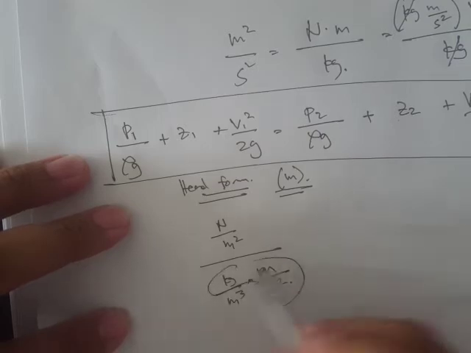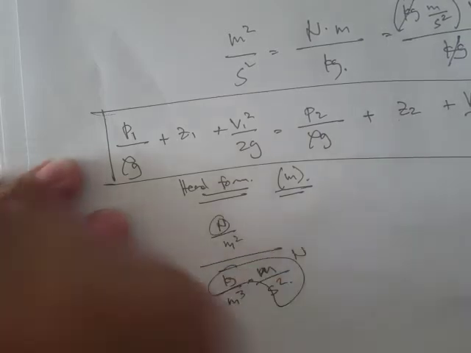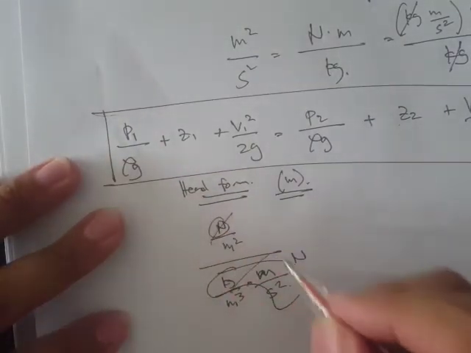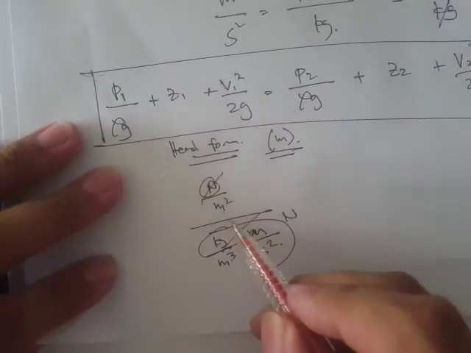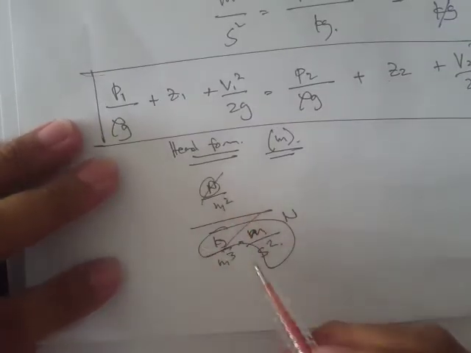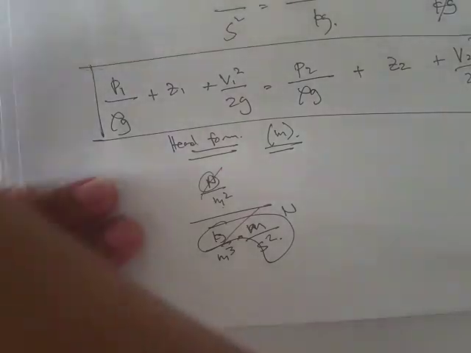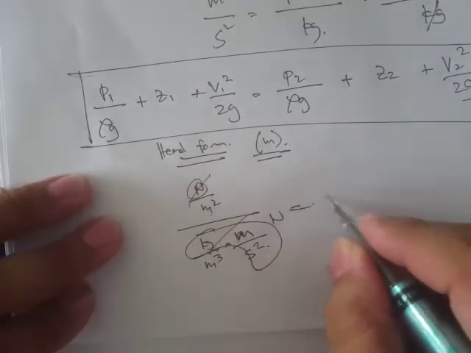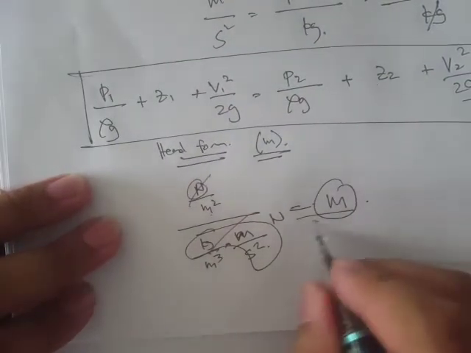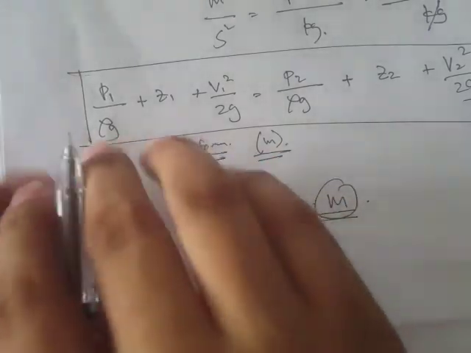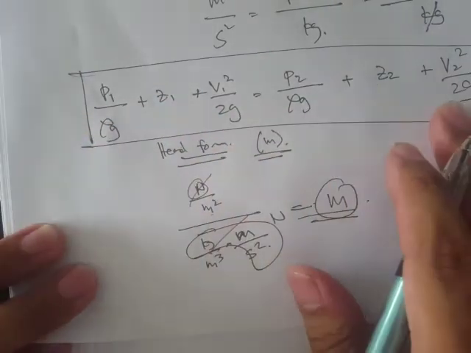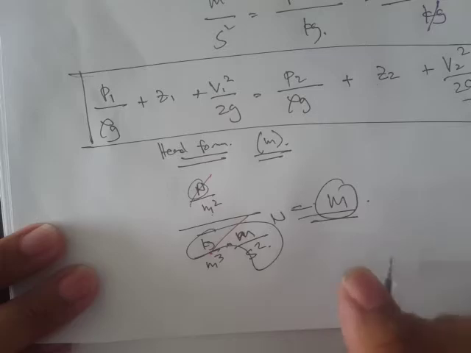That is Newton, and we have Newton, so that cancels out. Now we're left with 1 over meter squared in the numerator and 1 over meter cubed in the denominator. Therefore, the unit will be in meters. So that's the expression in terms of head form.